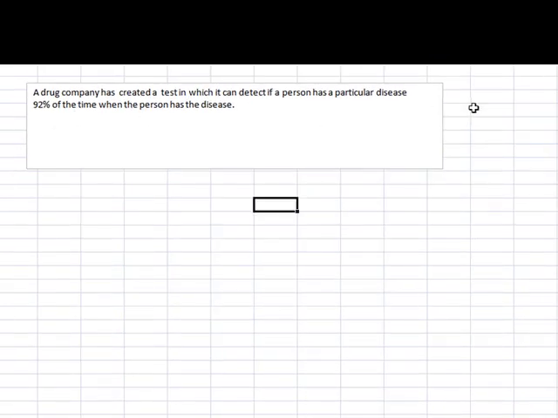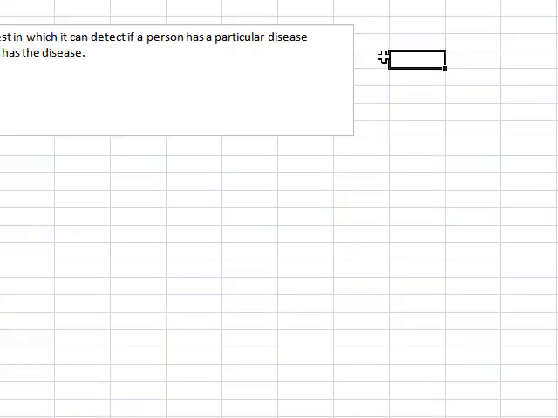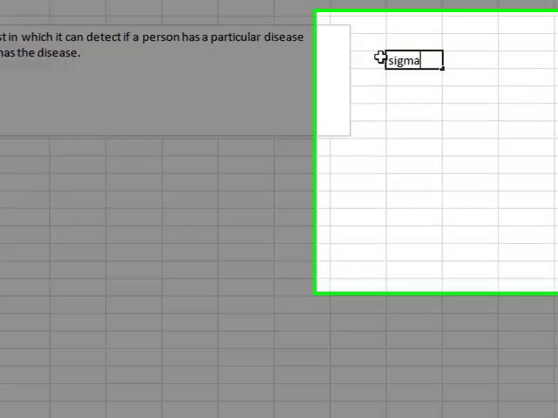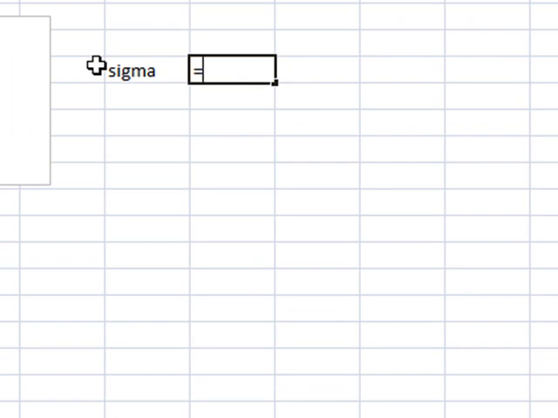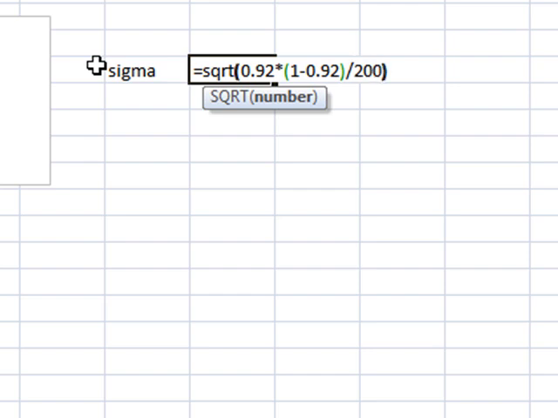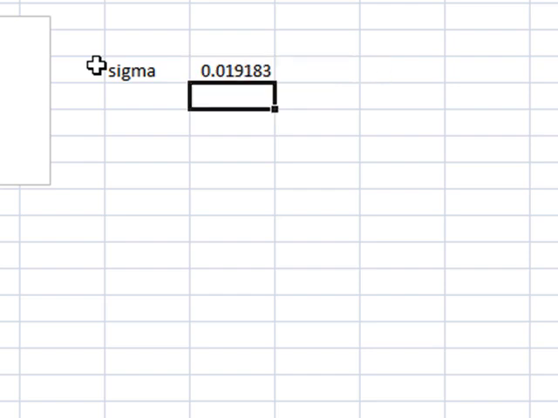So for example, if my sample size is 200, then one standard deviation is about 0.01918.